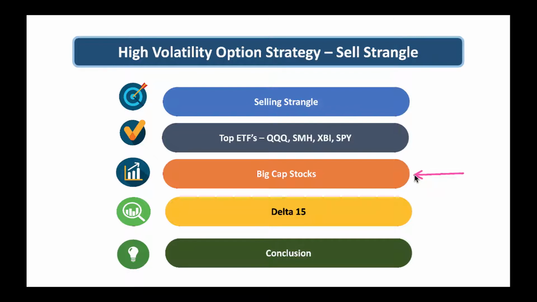When I see a huge volatility spike, I do sell them, but I pick stocks very carefully: profitable companies, not money losing companies. And finally, I make sure delta is about 15. I will talk about delta in a bit so you get the idea. Finally, let's conclude and talk about a few do's and don'ts and what to look out for.